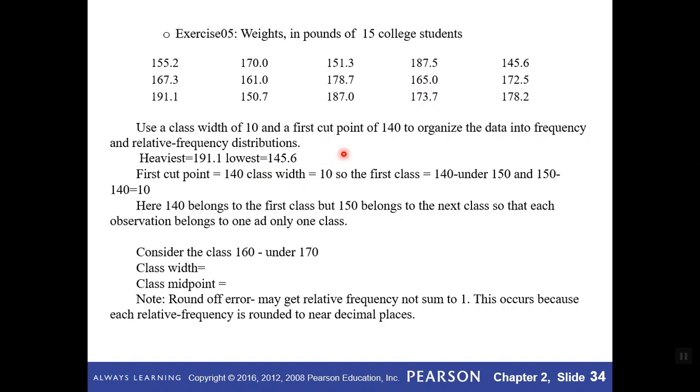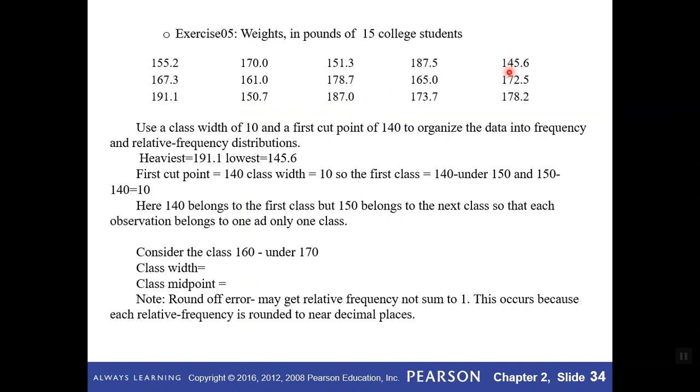What is the class width we need to use? What is the minimum value? You have to go through these values and figure out the minimum value of this data set and the largest value of this data set. I think the minimum value is 140 because I cannot see any value less than 140. 145 is there.